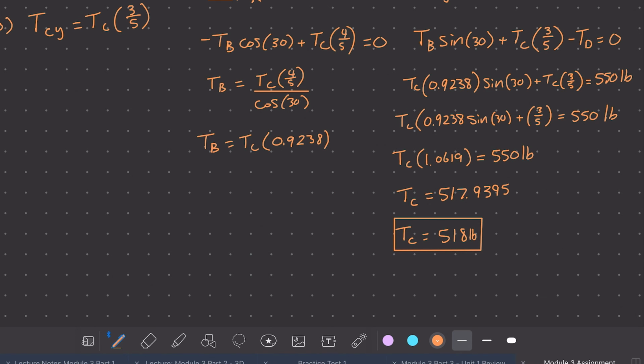So we get that TB is equal to 517.9395 multiplied by 0.9238, which gives us TB is equal to 478.473, which to 3 significant figures is 479 pounds.